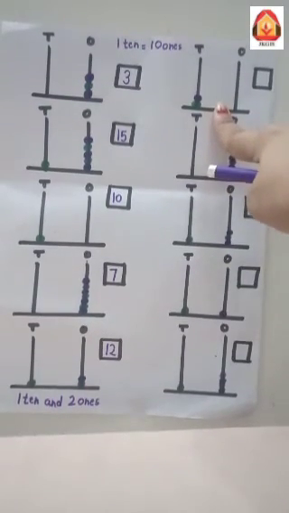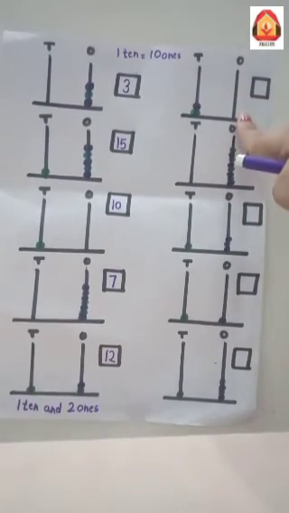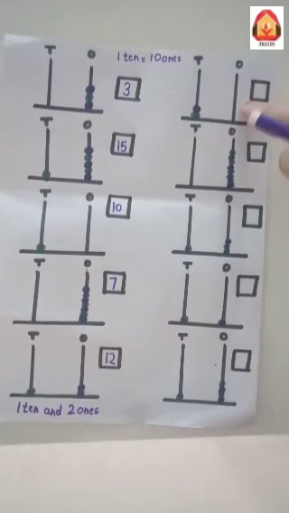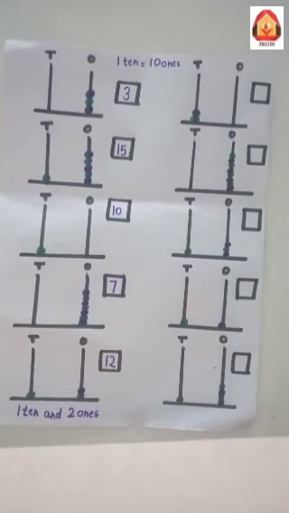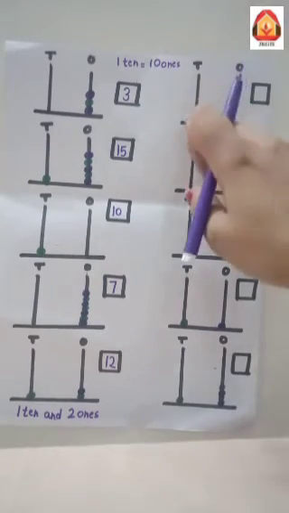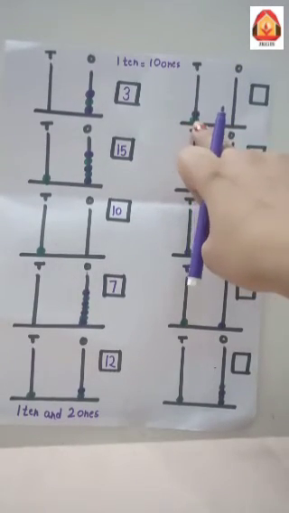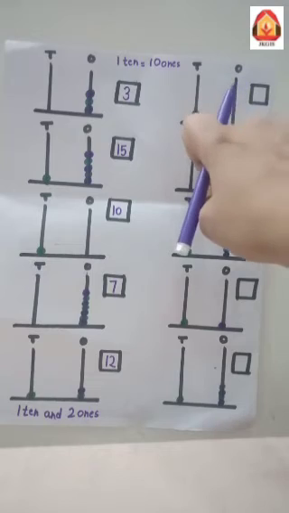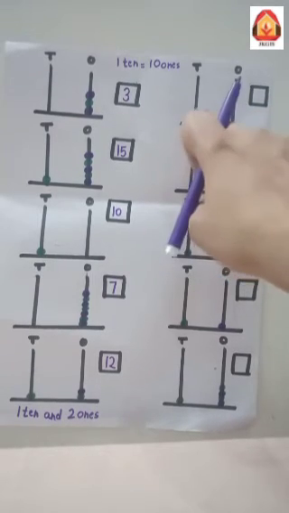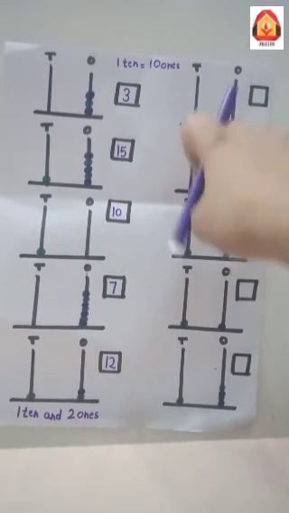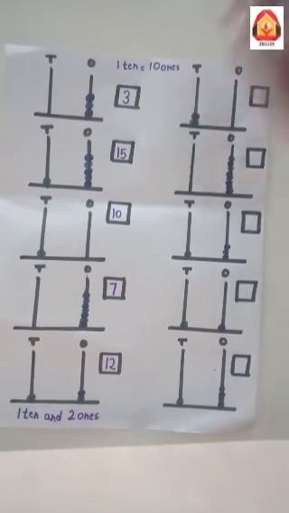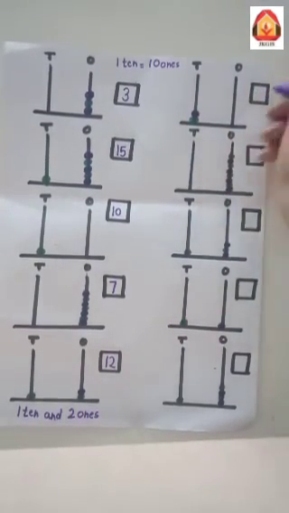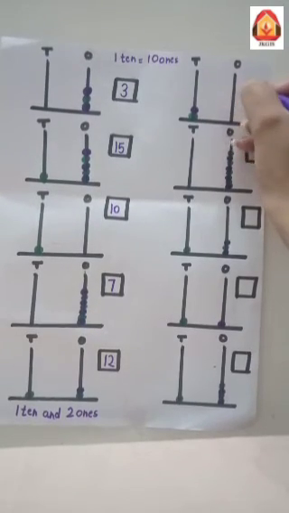Now in this abacus we have 0, nothing in ones place, and 2 tens in tens place. Okay, so 1 bead is equal to 10 ones. 10 ones plus 10 ones means 1 ten plus 1 ten is equal to 20. So here 20 plus 0 is equal to 20.